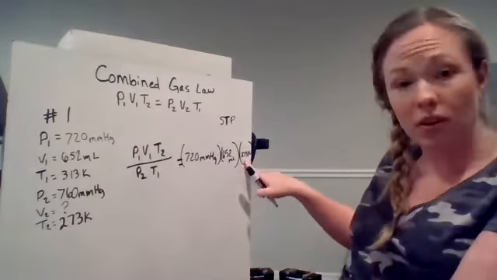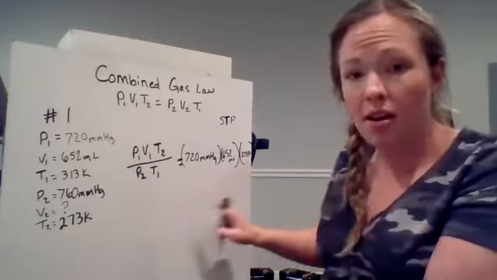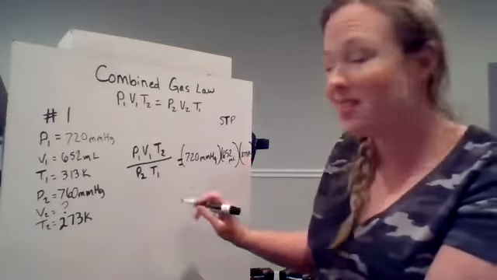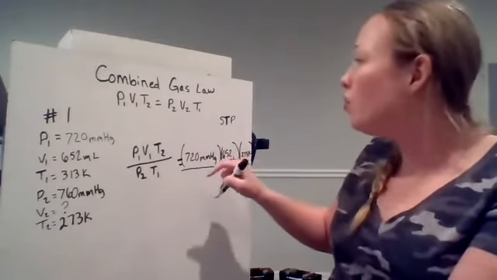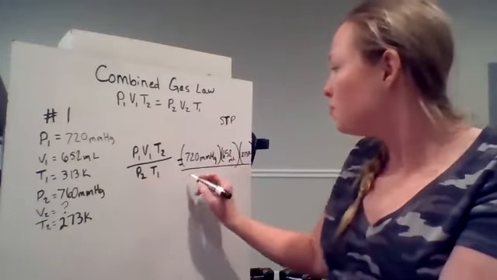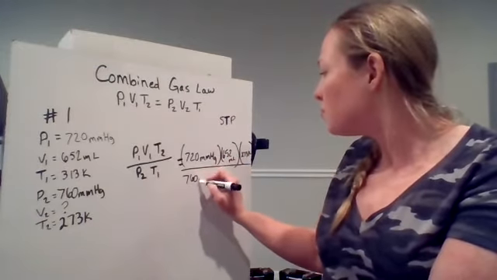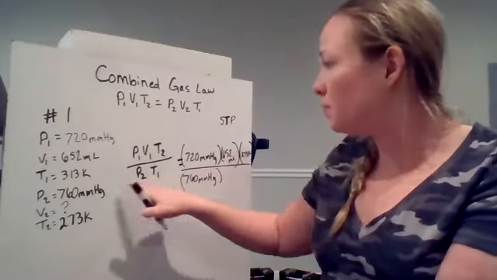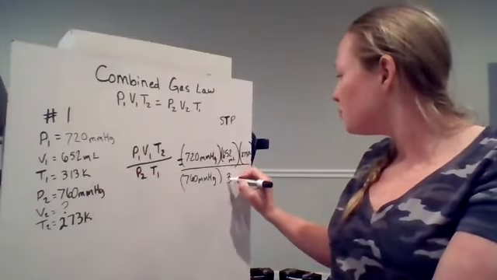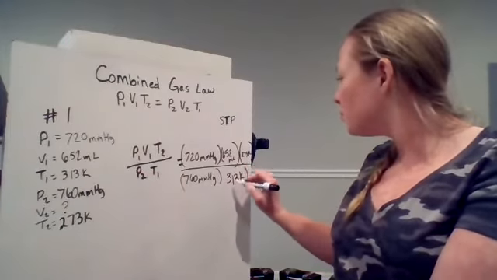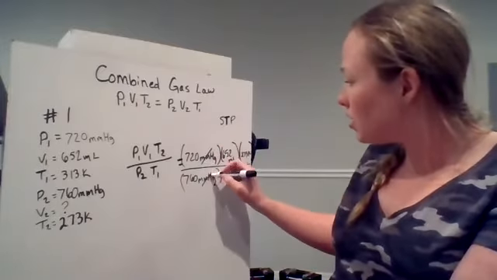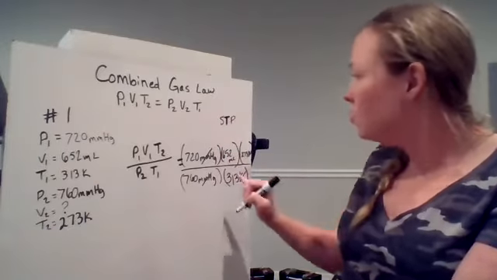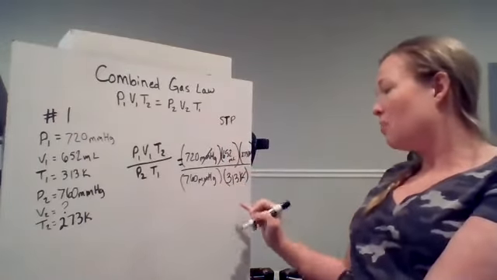That says 273 Kelvin, which you get here. I'm so sorry, I'm running out of space, you guys. All over P2. T1. Millimeters of mercury cancel, Kelvin cancel, multiply across the top, divide by the bottom.